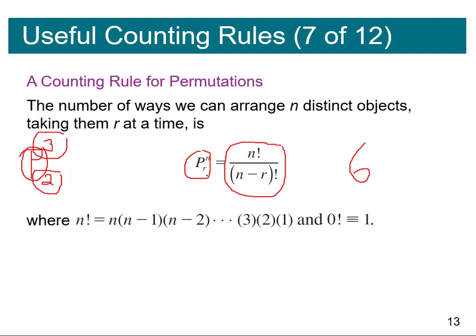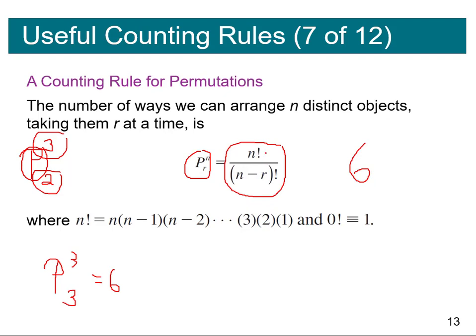And the last example that we did was when you start with 3 and you choose all 3, and that also turned out to be 6. So both of the last 2 questions, the answer was 6, but the questions were 3 choose 2 and 3 choose 3. Now, this is supposed to give us the answer.